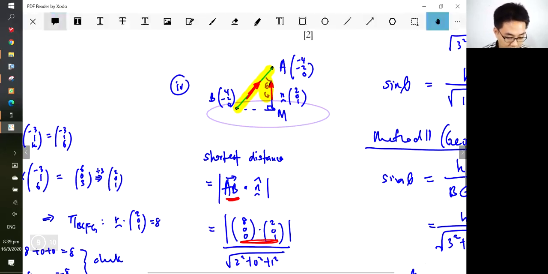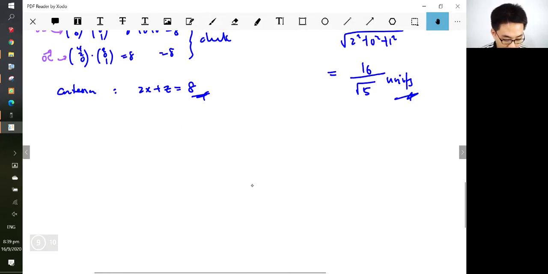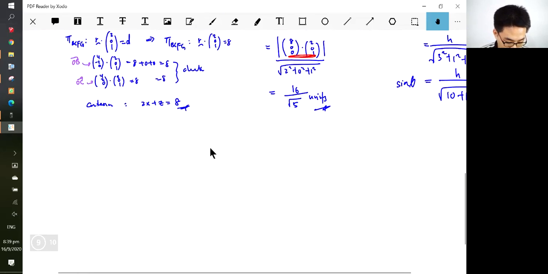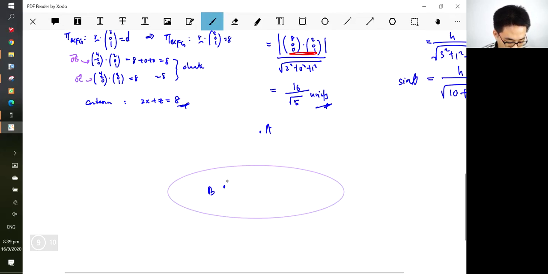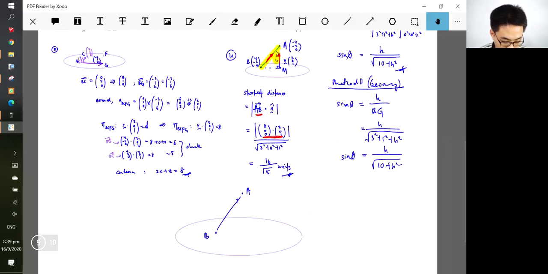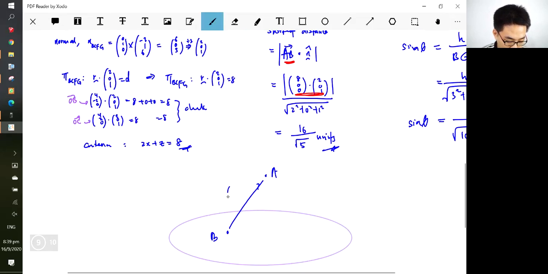So I will repeat again. You try and take B to A instead of A to B, because now the angle is important. I repeat, so what I'm going to do is take B to A, because I drew B to A on the diagram. This is B, this is A here. So B to A is here. Use exactly B to A, which would be minus 800. Then the normal, I'm assuming, is pointing outwards, so it's 201.